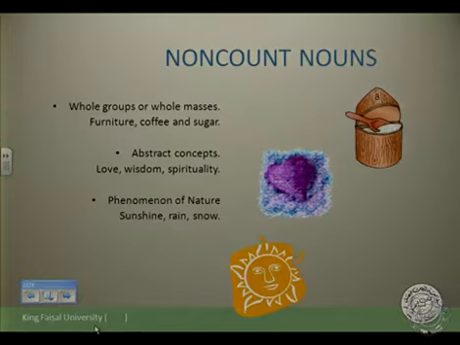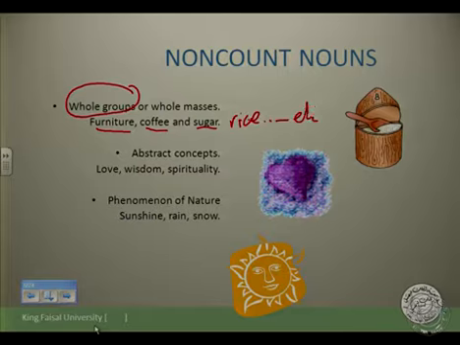With non-count nouns, we talk about whole groups or whole masses, groups of things like rice, like soup, like weather. So whole groups or mass: furniture, we have coffee, sugar, rice, etc. We have abstract concepts like love, hate.